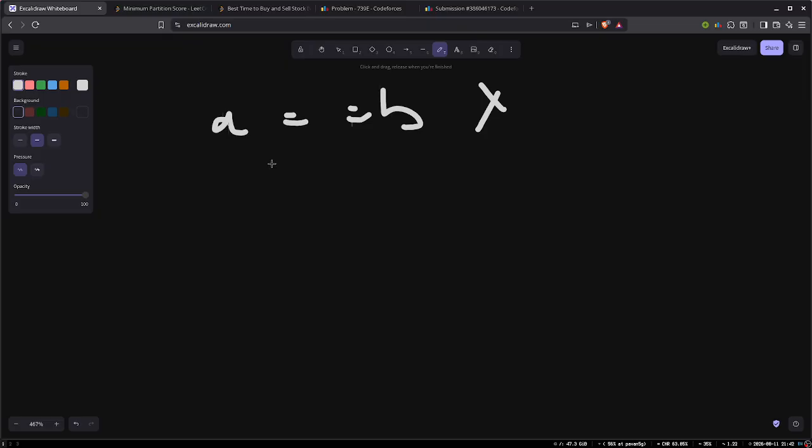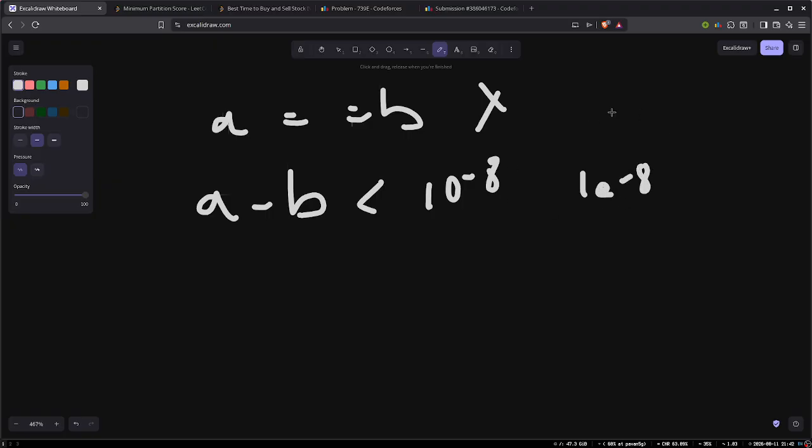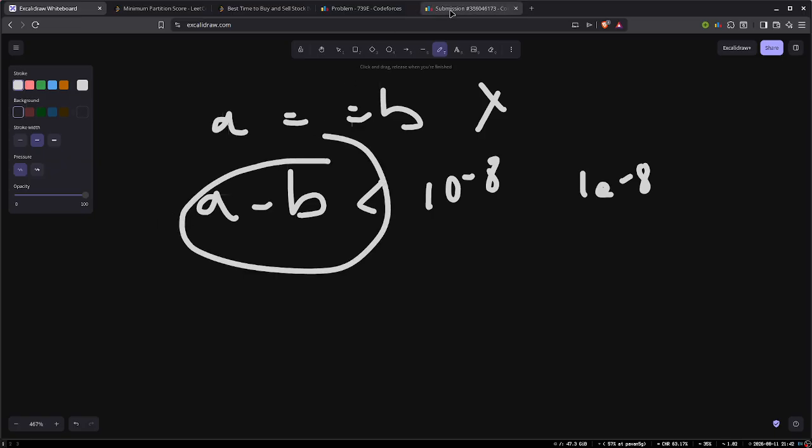Like, are they getting really close? So if their A minus B value is less than 10 power minus 8, or the way you write in C++ is 1e minus 8, the E notation. If it's less than this, that means they're almost equal.